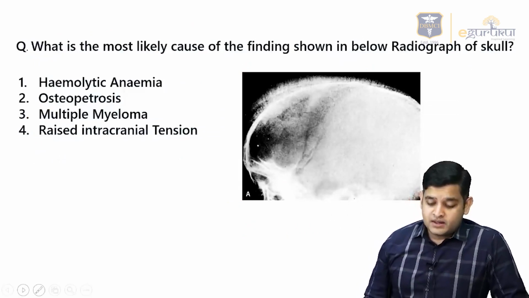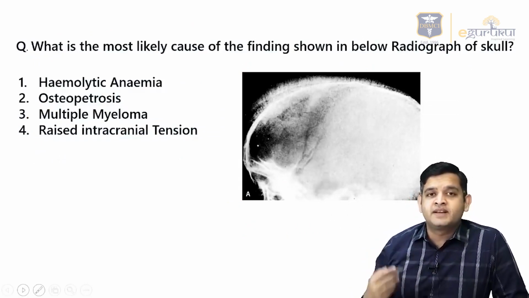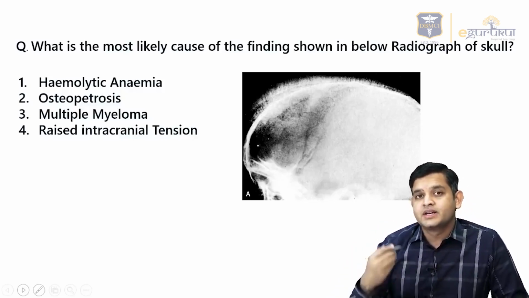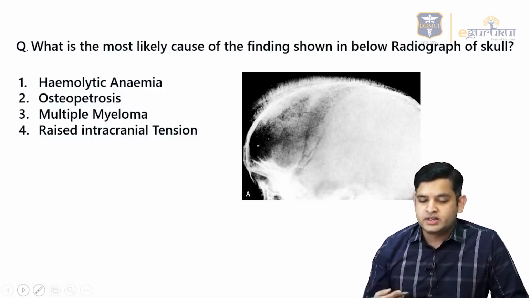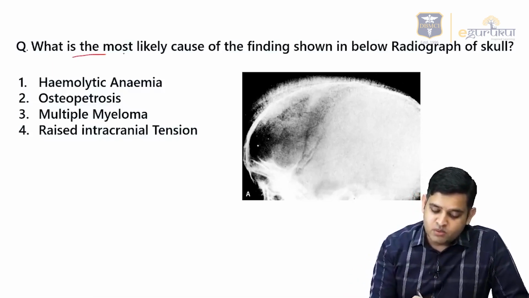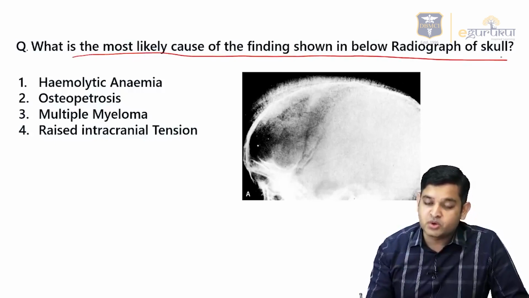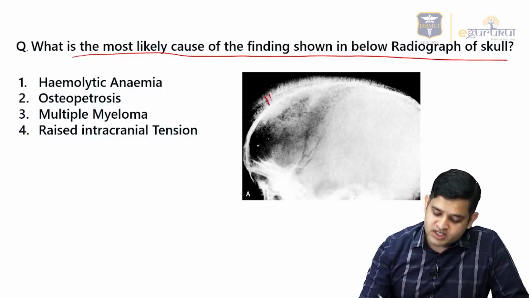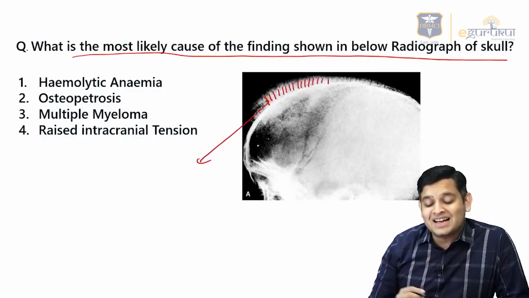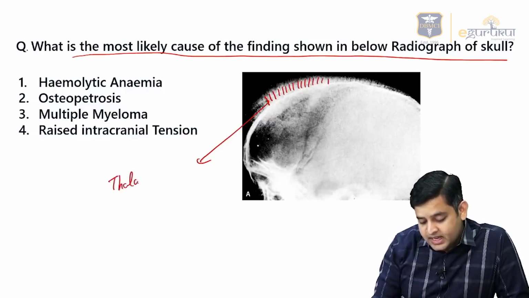Alright. Now this is a standard image that every year we are getting in the exam. We all have to know that. We have already spoken a lot about the different shapes of skull in our different classes. What is the most likely cause of the finding shown in the below radiograph of the skull? Now what you are seeing is a typical hair on end appearance. Now we know hair on end appearance, the classical diagnosis is thalassemia.